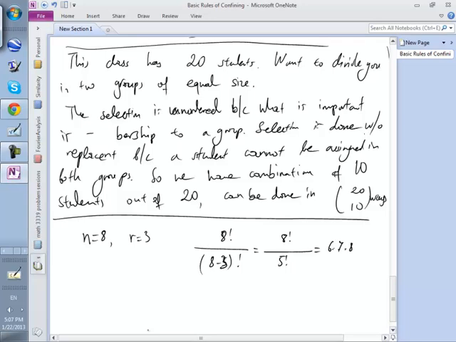But you have to go through the checklist. Is the selection ordered or unordered? Is the selection with replacement or without replacement? And then you give the answer. I want to see all this when you solve problems. Is it clear? Don't just give me the number. That's not going to give you any points.